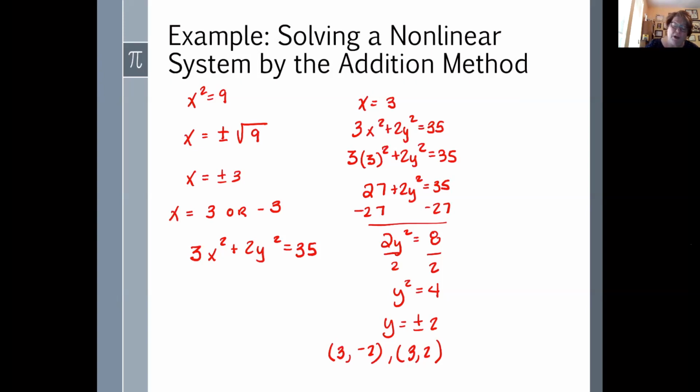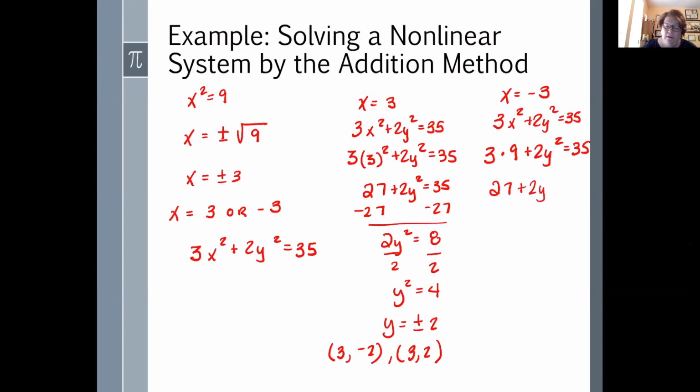All right, now we're going to plug in -3. And when I plug in -3 for x and I square it, I get +9. So I get exactly the same equation I got before.